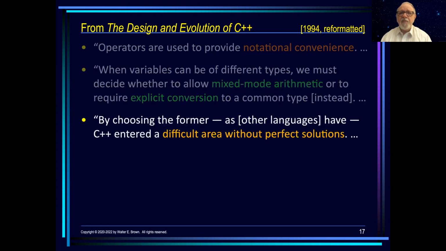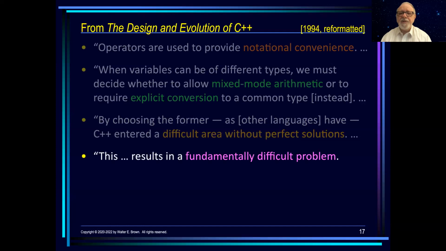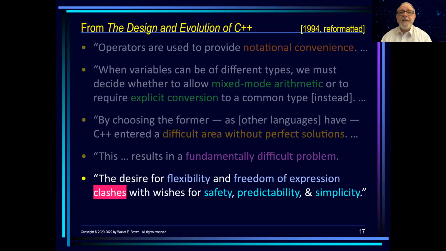By choosing the former, as other languages have done, C++ entered a difficult area without perfect solutions. This results in a fundamentally difficult problem, namely, the desire for flexibility and freedom of expression clashes with wishes for safety, predictability, and simplicity. This was written almost 30 years ago.